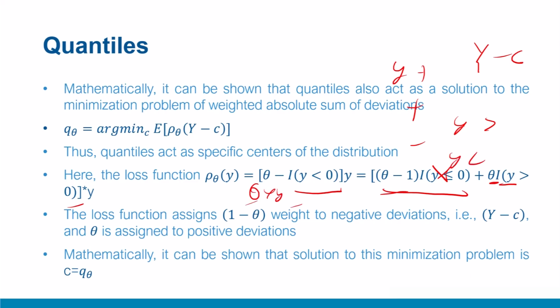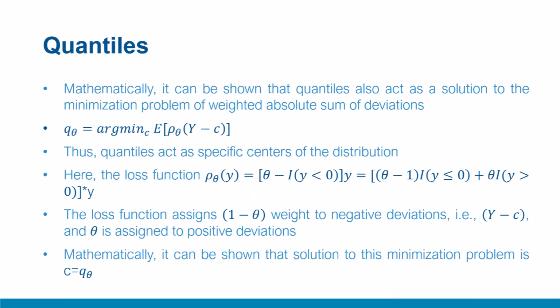So if y is less than 0, then this value will be 0, this value will be 1, and this will be theta minus 1. So theta minus 1, which will be negative because theta is from 0 to 1, will be multiplied by y, which is also negative. You'll get a positive value. So essentially what is happening, we are weighing the magnitude of y with 1 minus theta for negative deviations of y, and weighing it with theta for positive values of y.